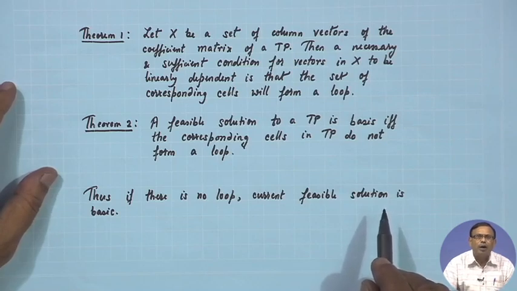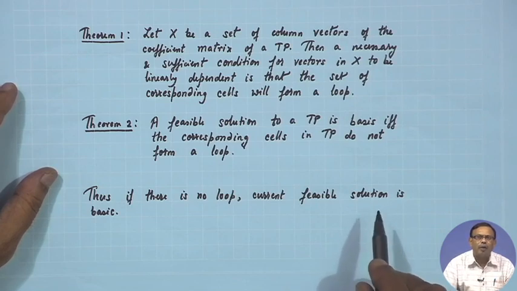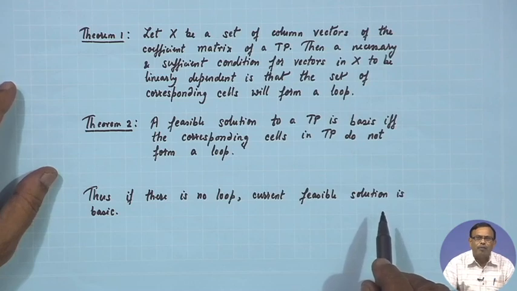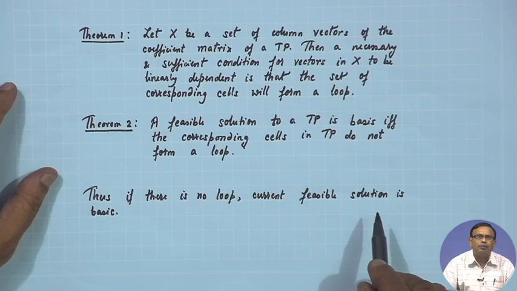And we know whenever the vectors are linearly dependent, they cannot form an optimal solution, because only a linearly independent set will form the optimal solution. So, if there is a loop, it ensures that some of your solution vectors are linearly dependent.